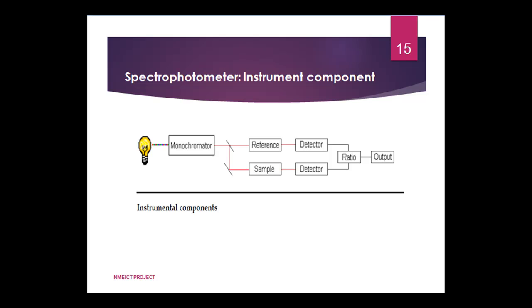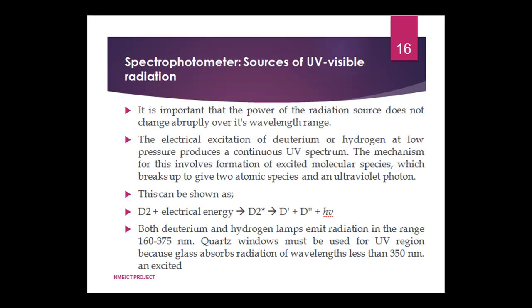We'll discuss the instrumental components one by one. Source of light. Here we use two types of lamps for emission of UV and visible radiation. It is important that the power of the radiation source remains stable and does not change abruptly over its wavelength range.